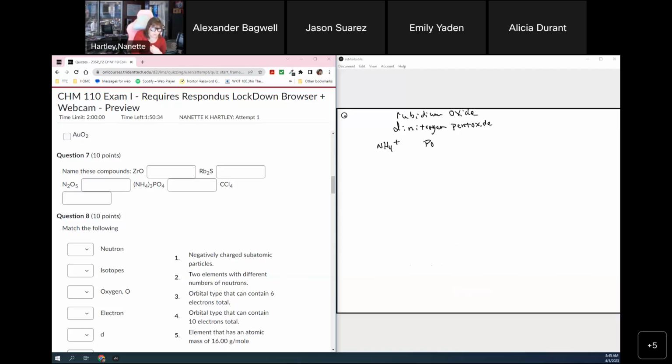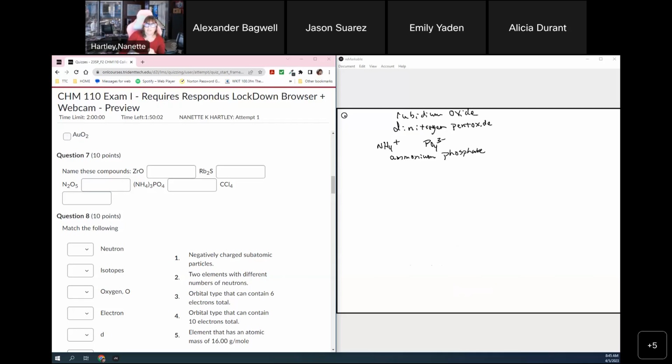And PO4 3 minus is a polyatomic ion. So this is an ionic compound. Therefore, I just need the name of those 2 ions. So NH4 is ammonium. And it's ammonium because of that plus charge. And then phosphate is PO4. So that's ammonium phosphate. And again, the number that's present for both of those is determined by that charge. So I don't need any prefixes for that.